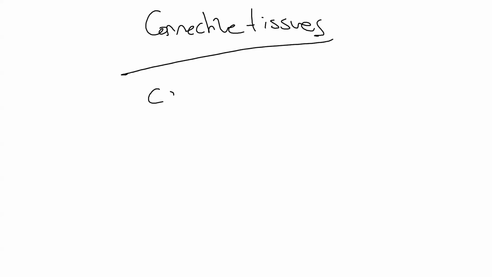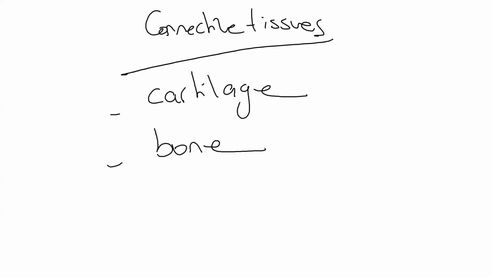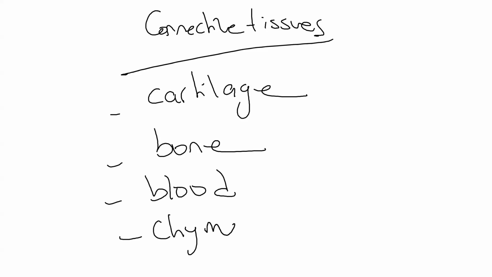Now we're going to speak about the connective tissues that we have in our body. The connective tissues are the cartilage, the bone, blood, and chyme. These are the connective tissues that we have in our body.